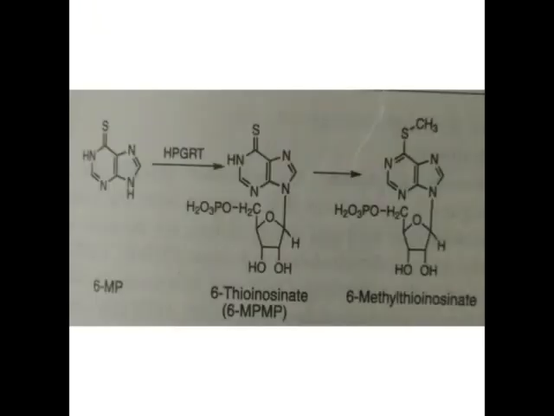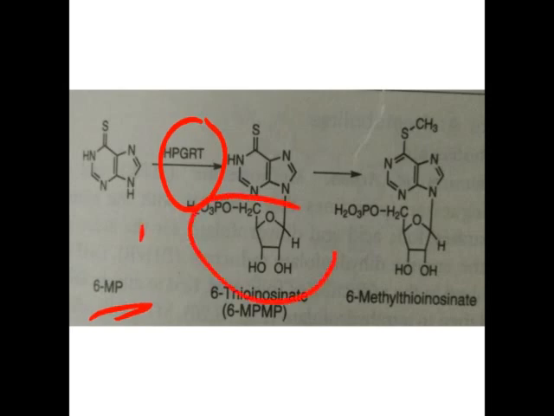So this 6-mercaptopurine, with the help of the enzyme HGPRT, hypoxanthine guanine phosphoribosyl transferase, gets the sugar moiety attached. So 6-mercaptopurine is converted into 6-mercaptopurine monophosphate.